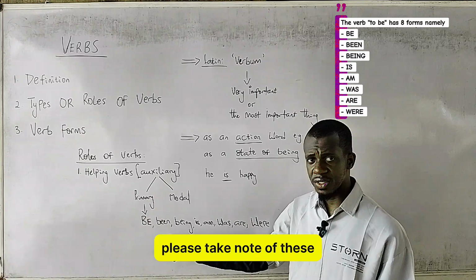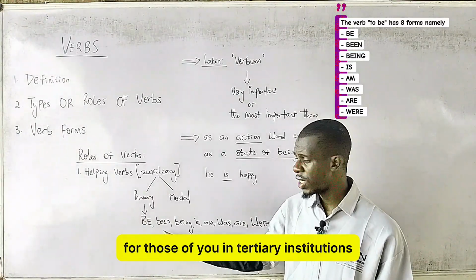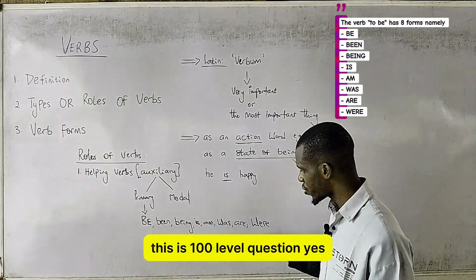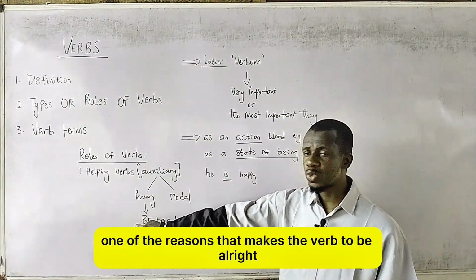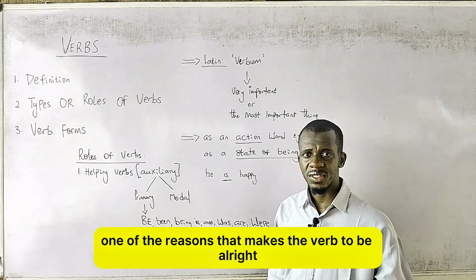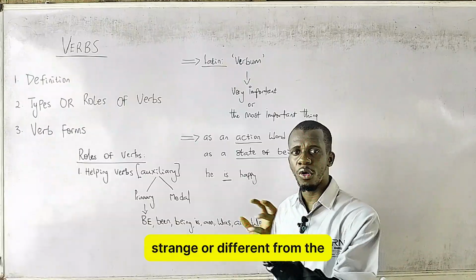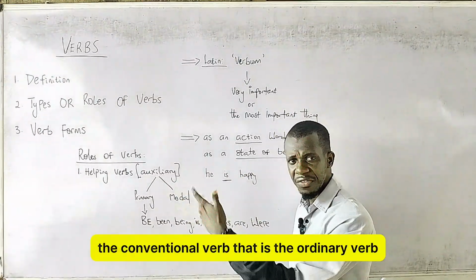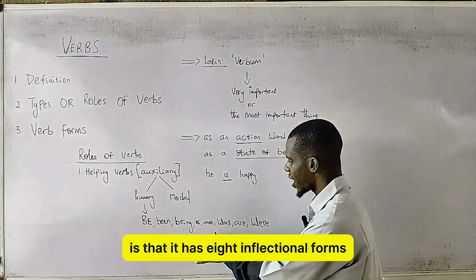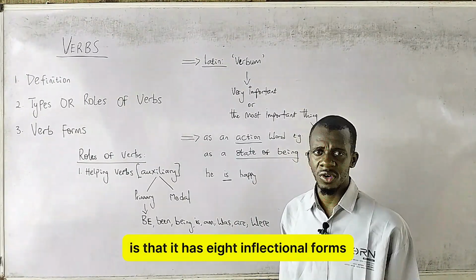Please take note of this. For those of you in tertiary institutions, this is a 100-level question. One of the reasons that makes the verb to be strange or different from the conventional verb, that is the ordinary verb, is that it has 8 inflectional forms.